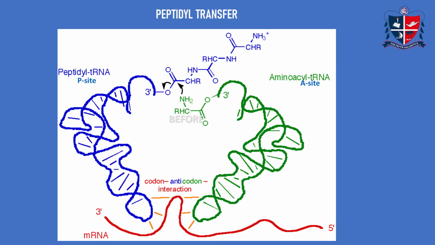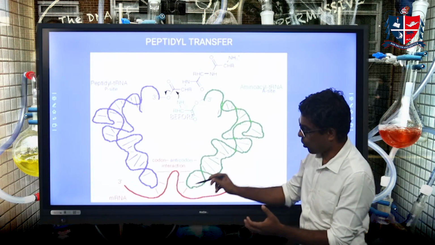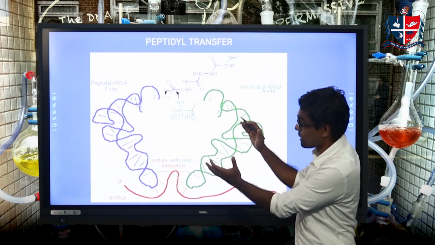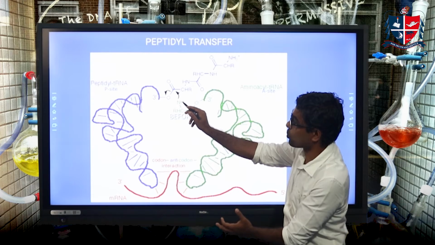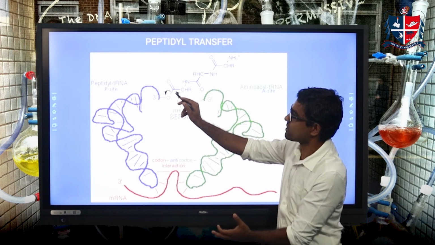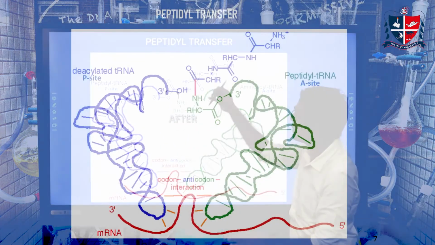You see here, this is another pictorial representation. This is the mRNA. If the codon-anticodon interaction is okay, this aminoacyl tRNA is accommodated here. Now this amino group is in a perfect position to attack this carbonyl carbon. It attacks here. This goes here. So this tRNA leaves.